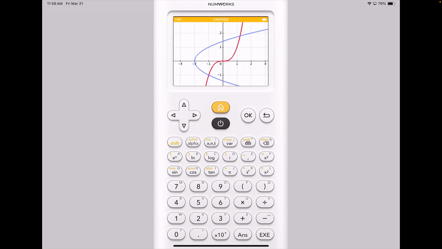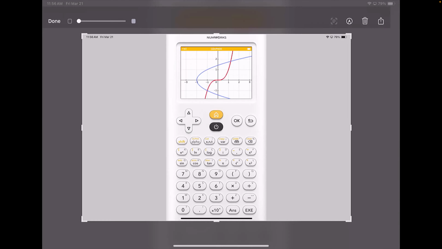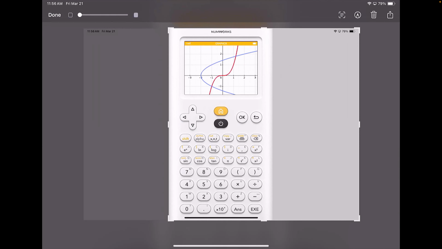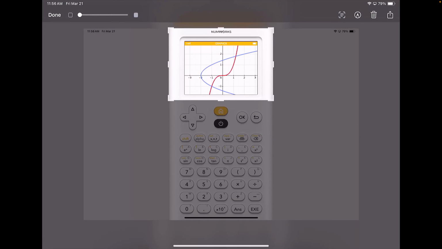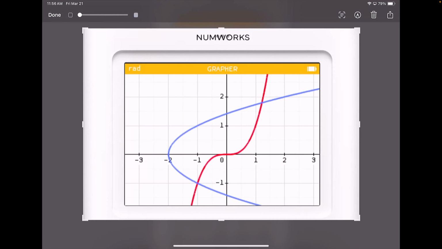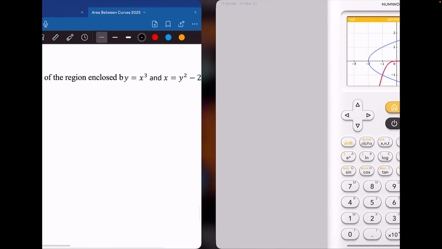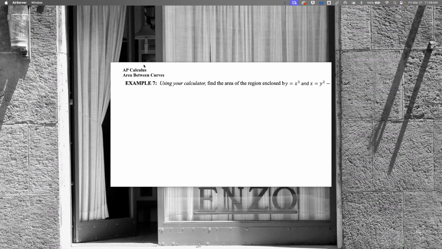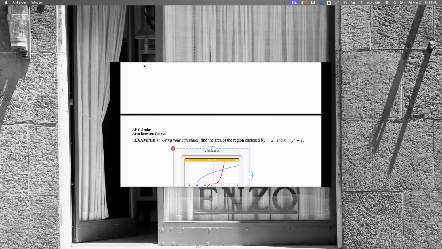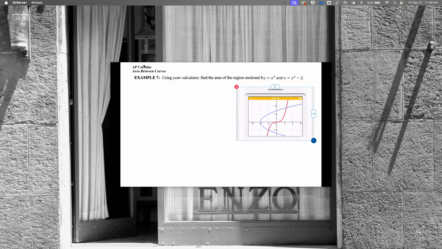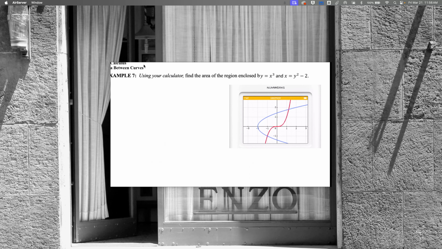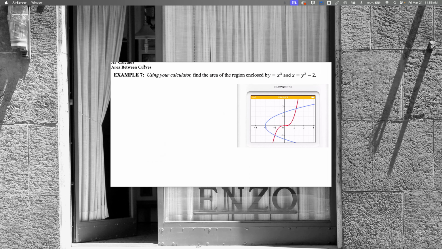I'm going to sketch that picture as best I can. You sketch that in your notes as best as you can.